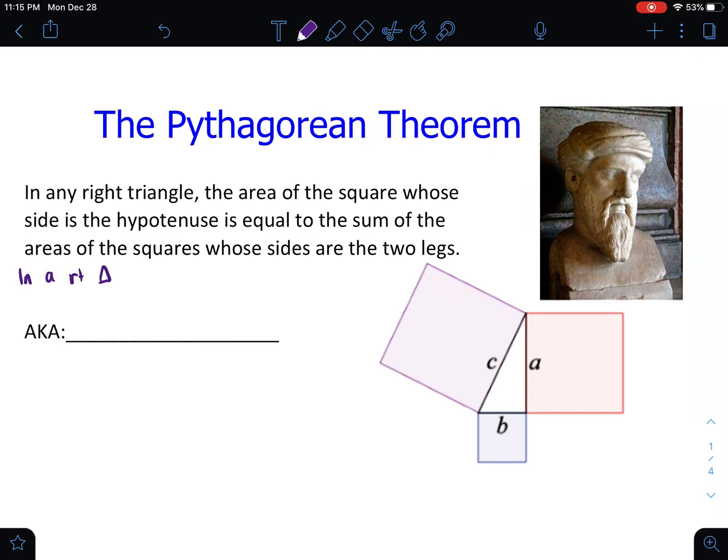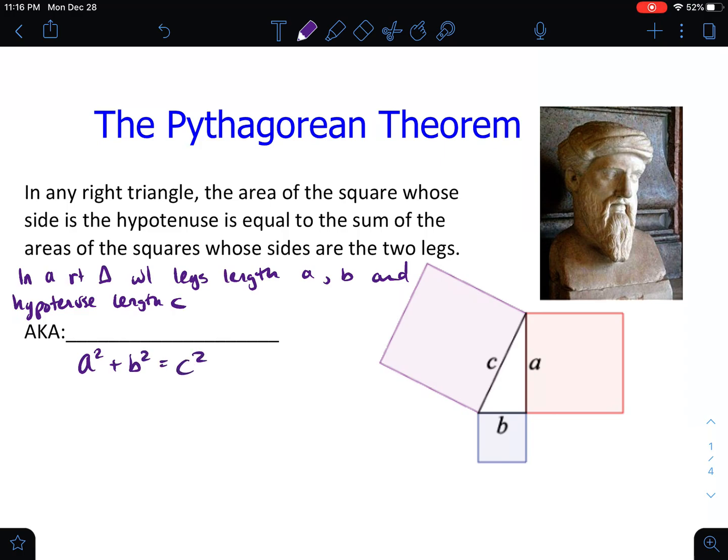It's a lot of words for: in a right triangle with legs of length A and B and hypotenuse of length C, we know A squared plus B squared equals C squared. Classic, well-known thing. I'm sure you've all heard this before.